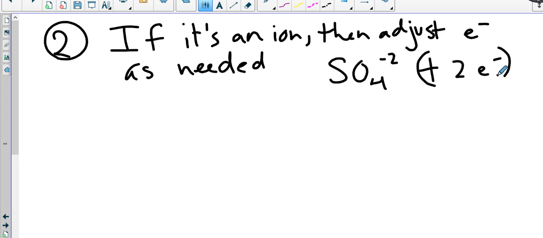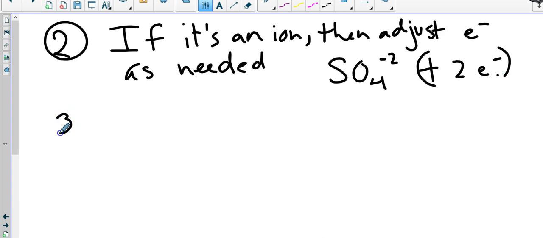Basically I would go, how many does sulfur have? 6. And then how many does oxygen have? 6, and there's 4 of them. So that would be 6 times 4, and that would give me 30. And then it had to have 32 though. See? Did I say that too fast? 6 plus 6 plus 6 plus 6 plus 6 is 30. And then 2 more is 32. So, if it's an ion, you have to add electrons if it's an anion, or take them away if it's a cation. So that does not apply to this compound, but in the future you will have to do these.